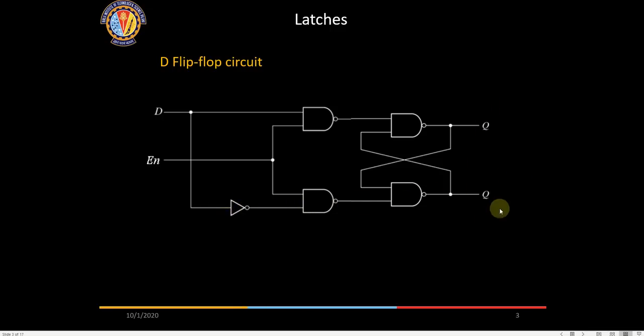So what happens in this circuit is, whenever the enable is high, if D is equal to 1, since it is given to the set, it will be set to 1, and if D is equal to 0, set will become 0 and reset will become high, so it will be set to 0. So whatever is the value of D, when the enable is high, it gets reflected at Q, right? Again, when the enable is 0, whatever is available at D doesn't get transmitted, it retains the previous state itself. Okay, is this clear?